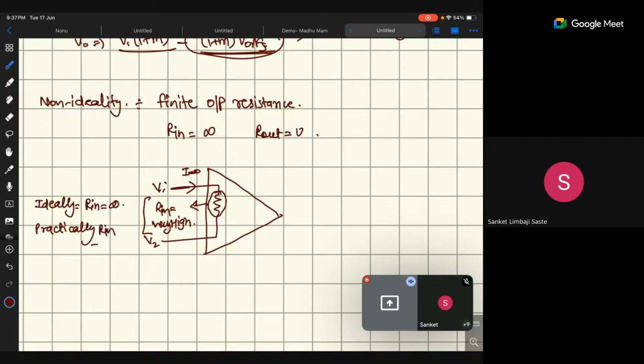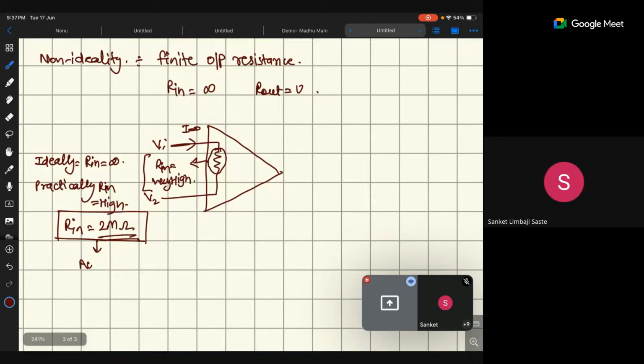I just want to clarify that if R in is high, for example, if I say R in is 2 mega ohm, don't be confused. You might say, sir, R in is not infinite, so this is a non-ideal op amp? No, this is the ideal op amp.